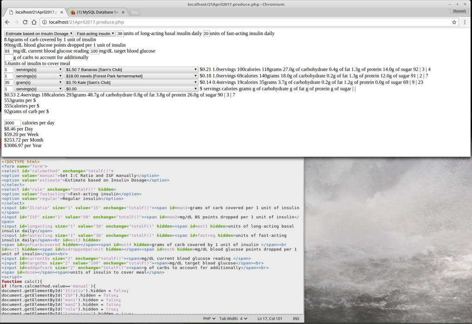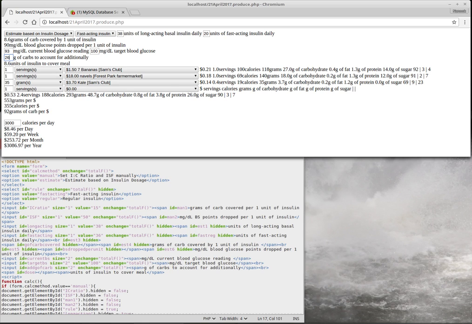Anyway, with the selections, you can choose what you're going to put in. But if something is not in your selections and you know how many grams of carbohydrate it has in it, you can also put in the extra number of, like a piece of bread, usually that many, 26 grams, we'll just say.